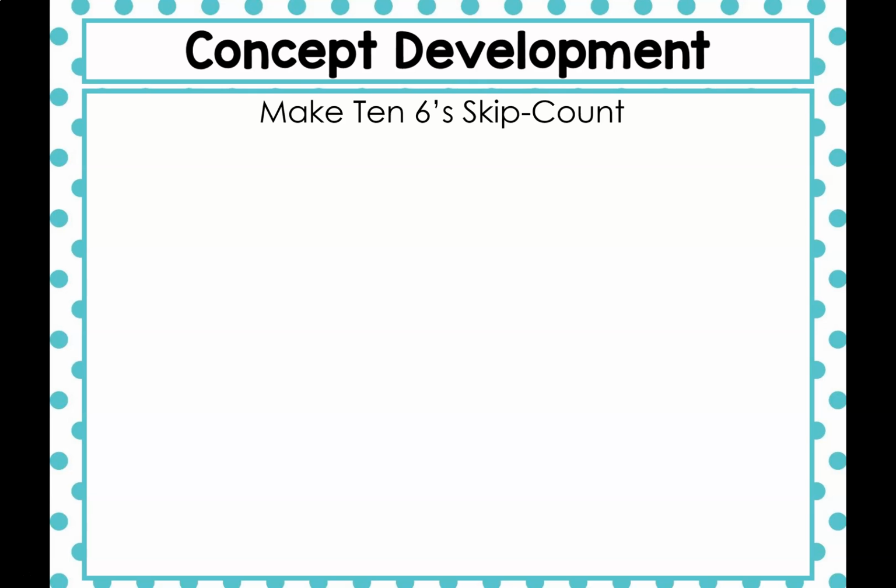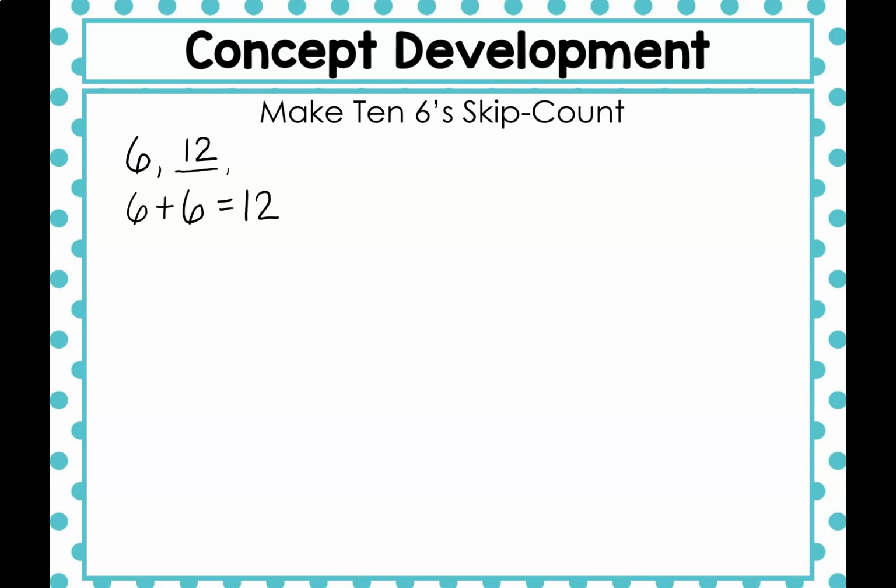So if I ask you to start skip counting by 6s, you would start with 6, and then how would you get to the next number? What would you do? You would add 6. I know 6 plus 6 is 12. That one's pretty easy. But as the numbers get bigger, are they as easy?